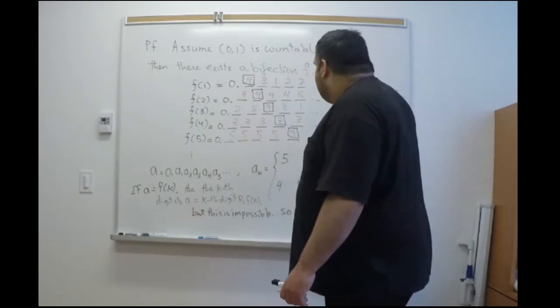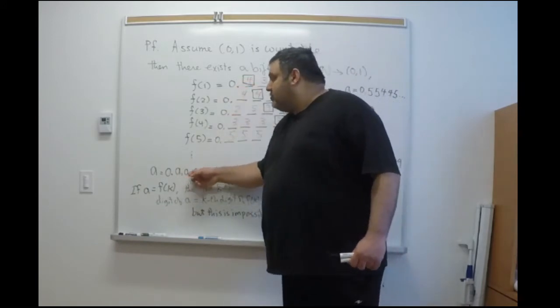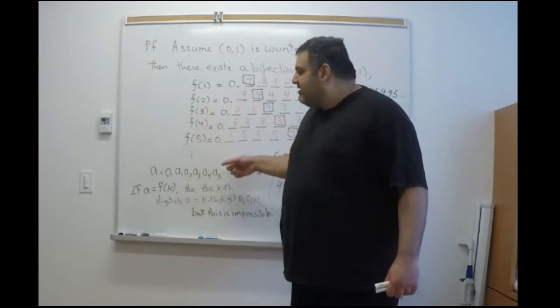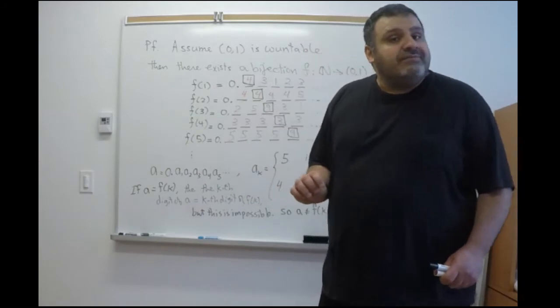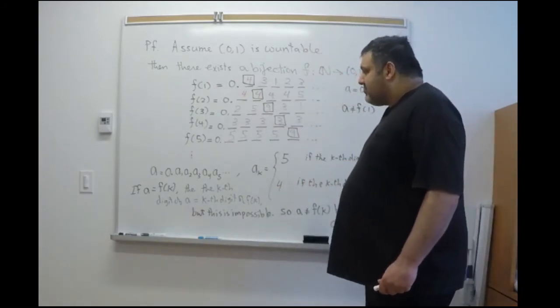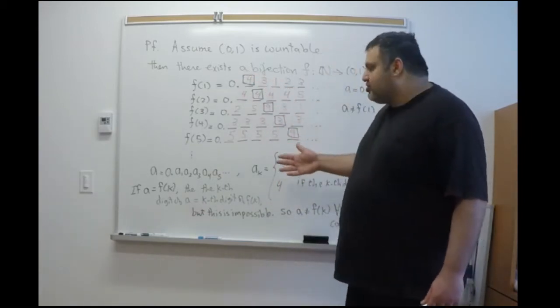So for example, if I said A1 is change the first entry of f1, A2 change the first entry of f2, A3 change the first entry of f3, that method will not work. Think about why.